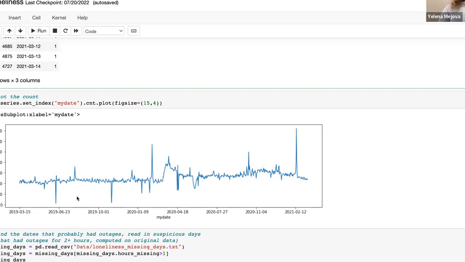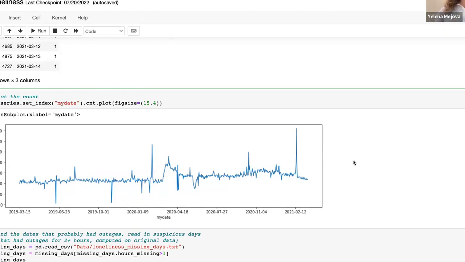These are outages. This is when our server went down and I couldn't collect data. So it's not like all of a sudden there was sunshine and birds and everybody was not lonely and people just stopped posting. No, I just couldn't get the data.